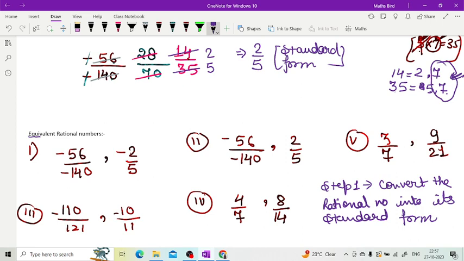What will be the next step? Step 2: then compare it. If the standard forms of both rational numbers are equal, then they are equivalent. So firstly we will find out the standard form.